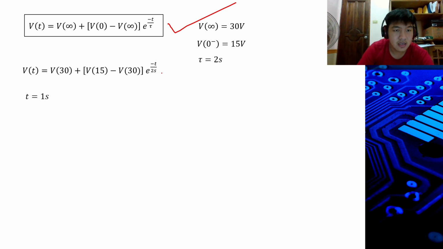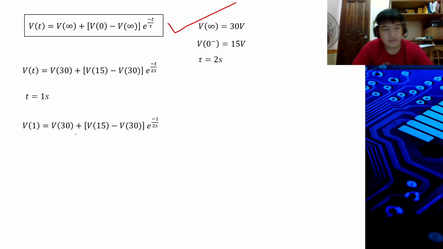Upon simplifying, at t equal to 1 second, V of 1 is equal to 30 plus 15 minus 30 times e raised to negative 1 over 2 seconds, and we get 20.9 volts.